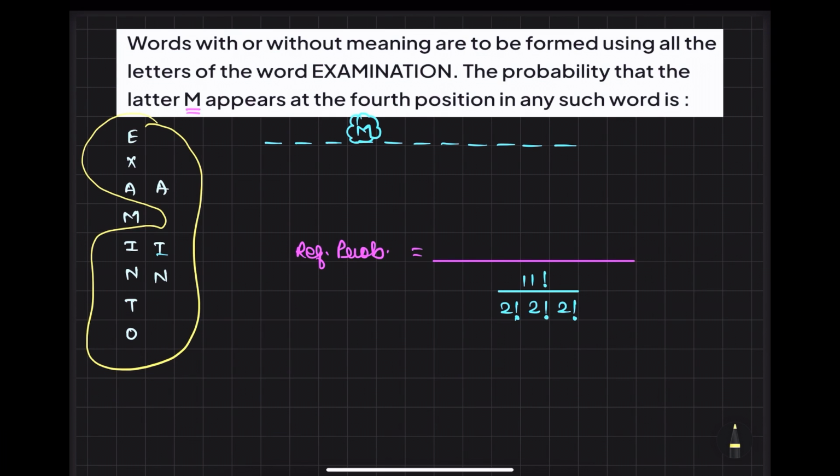How many empty spaces are available? 10. So 10 factorial, out of which 2 A's are repeating, 2 I's are repeating, 2 N's are repeating. So this thing is gone. Then we have 10 factorial by 10 factorial gone. So we are left with 1 by 11. Therefore, the required probability is 1 by 11.